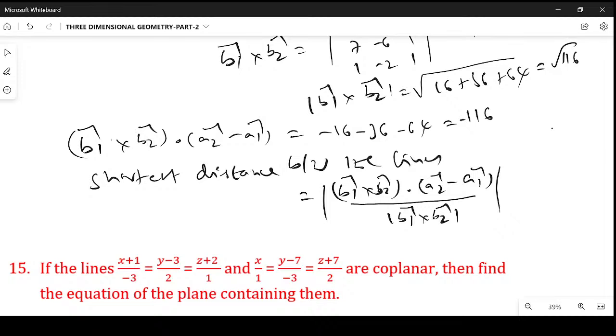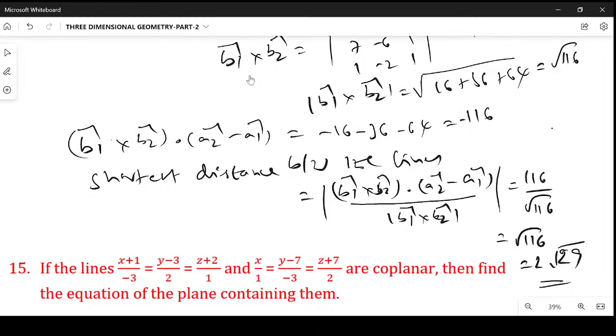So we get 116 by root 116, which is root 116, nothing but 2 root 29 units. That is the required answer.